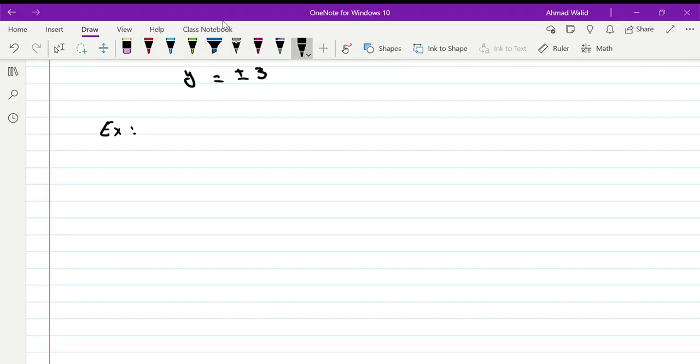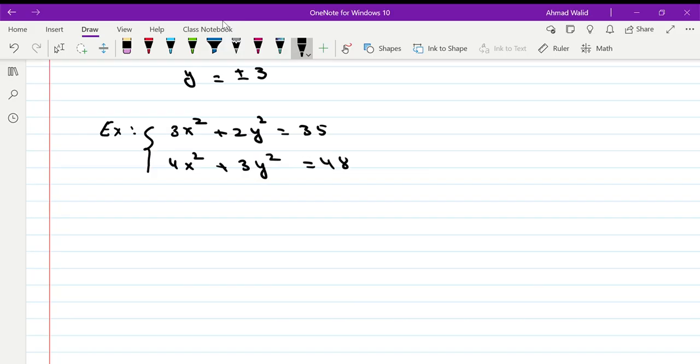When you are watching this video, for example, 3x squared plus 2y squared equals 35, and 4x squared plus 3y squared equals 48. Try to do elimination here. I give you a hint. The easy one or the smaller one will be y, correct?